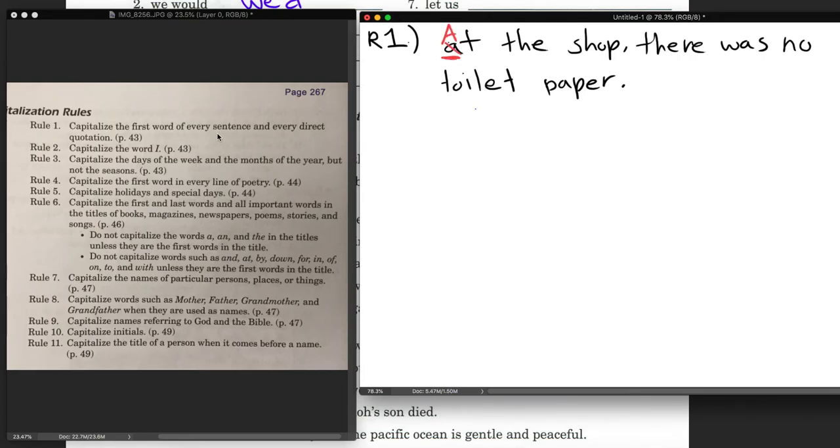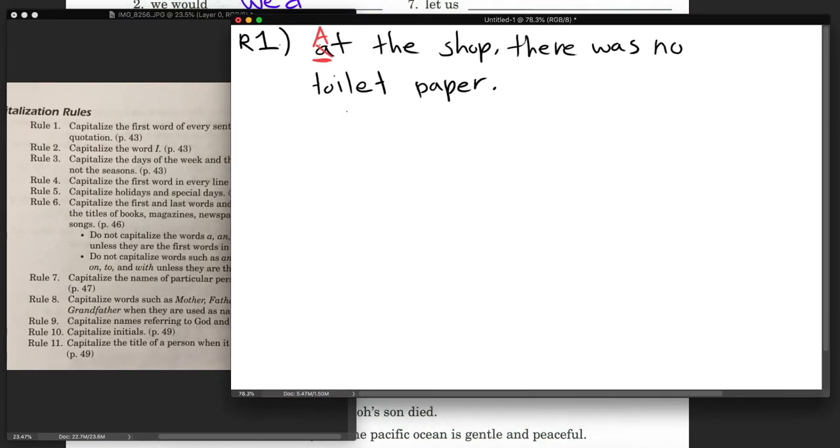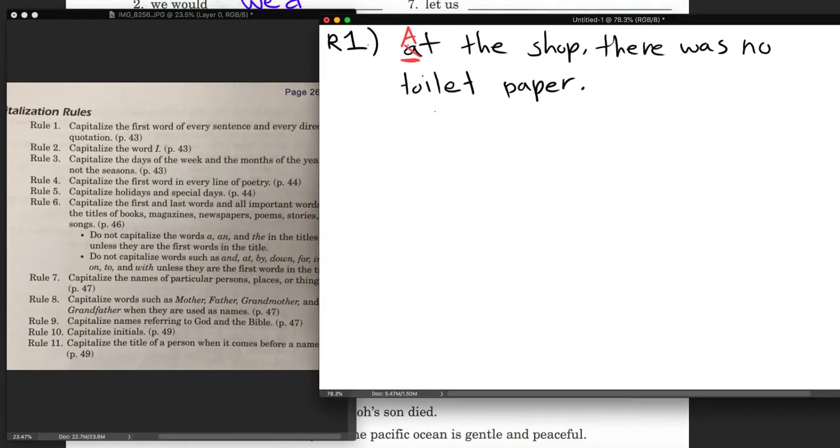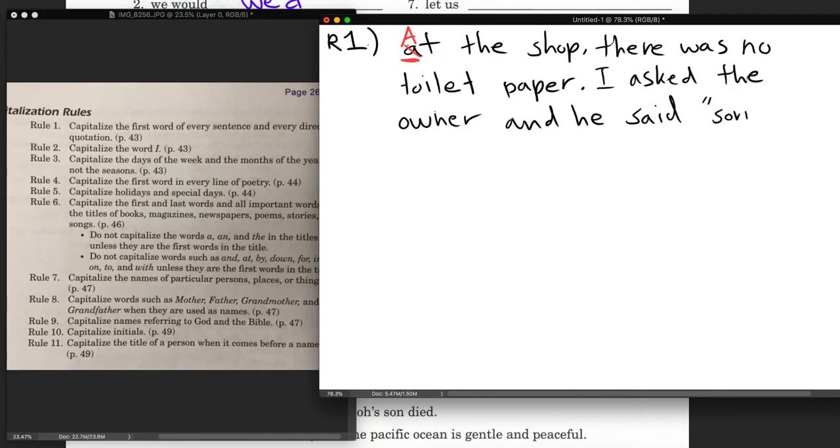All right, and also the first letter of a direct quotation. So if someone's saying something, the first letter needs to be capitalized. For example, maybe the sentence goes, I asked the owner and he said, "Sorry, we're out."